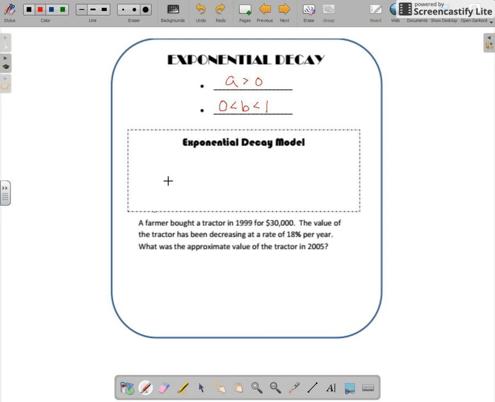However, instead of adding the rate to 1, we're going to subtract it. So we have y is equal to a, our initial or starting amount, times 1 minus our rate raised to our time.